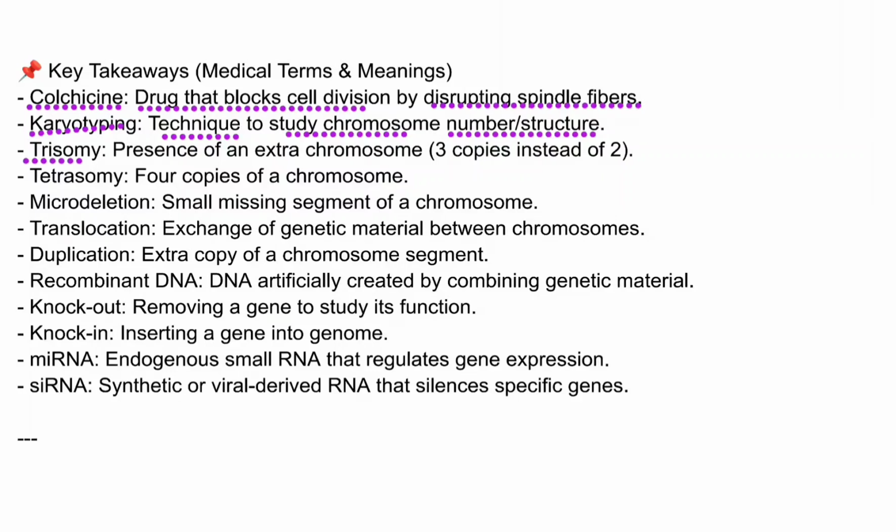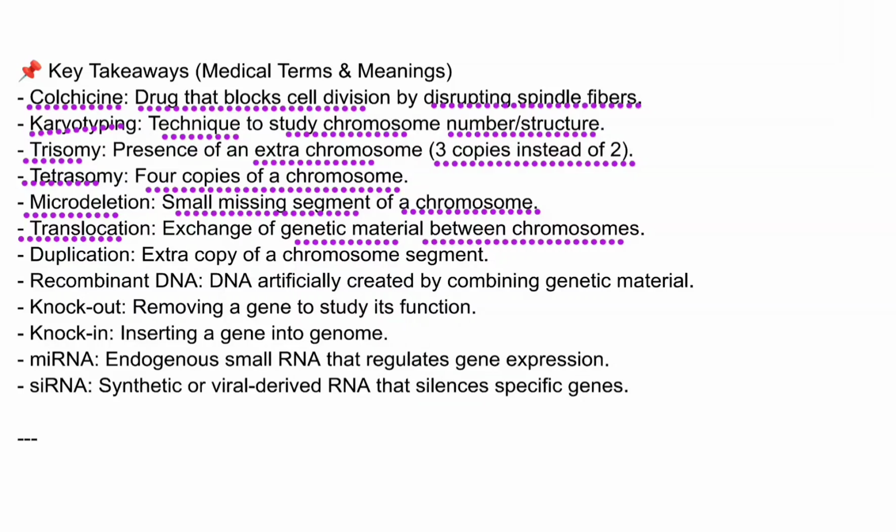Trisomy is the presence of an extra chromosome, 3 copies instead of 2. Tetrasomy, 4 copies of a chromosome. Microdeletion, a small missing segment of a chromosome. Translocation, exchange of genetic material between chromosome segments.